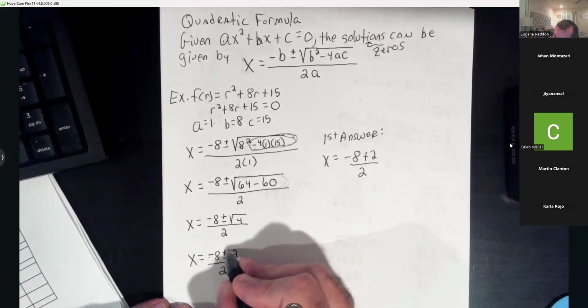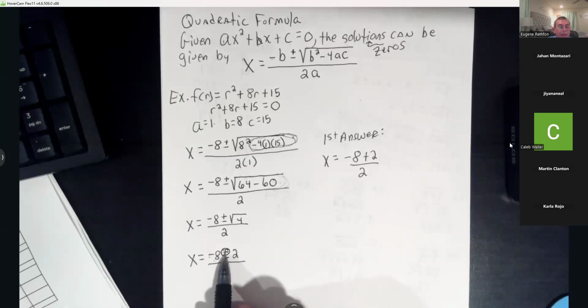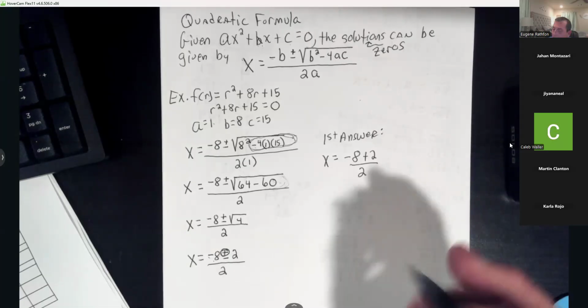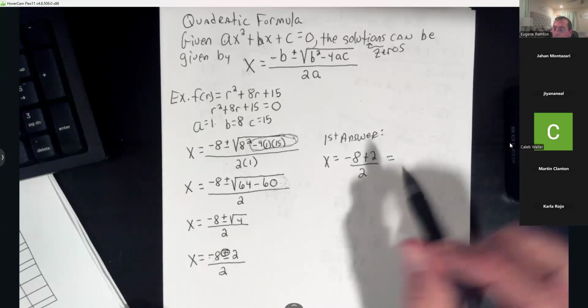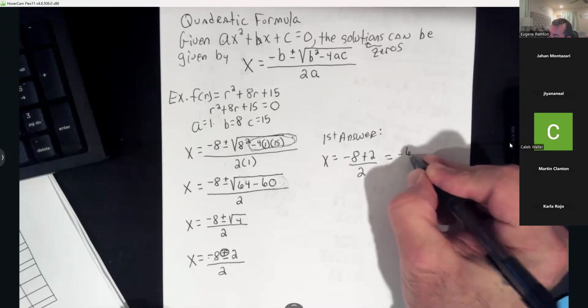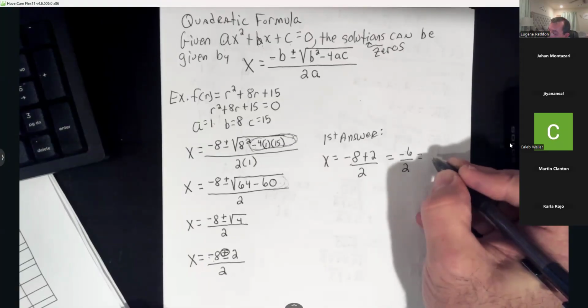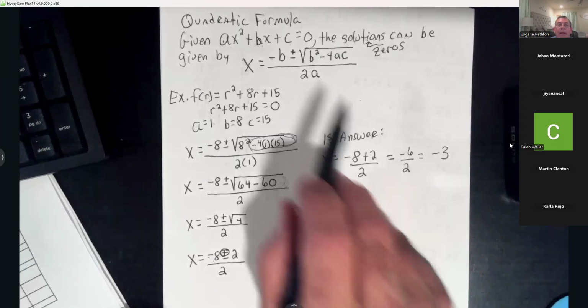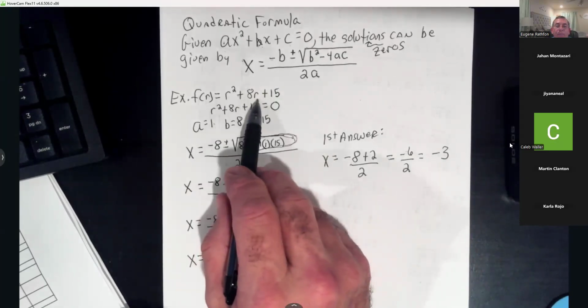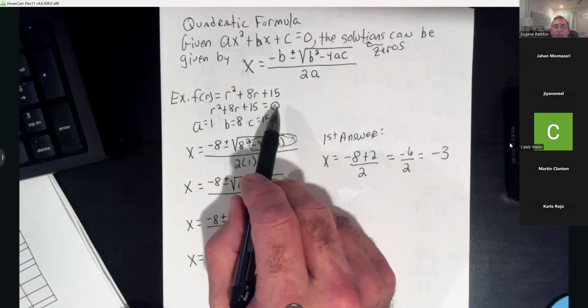So the first time through here to get my first answer, I'm going to use the plus here. All right, y'all, let's figure out what that'll give us. -8 plus 2 is -6 divided by 2. -6 divided by 2 gives you a -3. If you put a -3 in for these x's, it will equal 0.